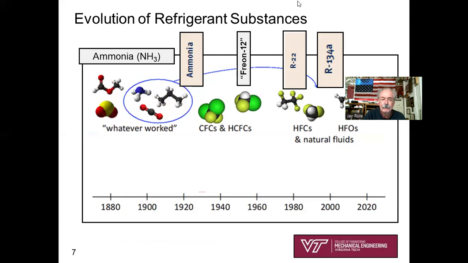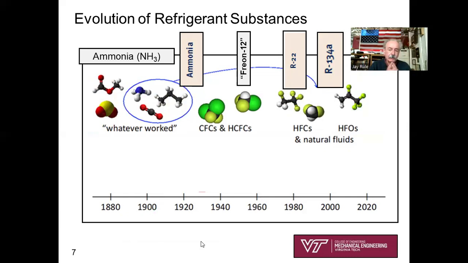Here's a little sentimental journey about the way refrigerants have evolved. So, of course, you're going to see that refrigerants are phase change substances. So they're not ideal gases, they're phase change substances. And that's the way you're going to learn how these refrigeration cycles work.